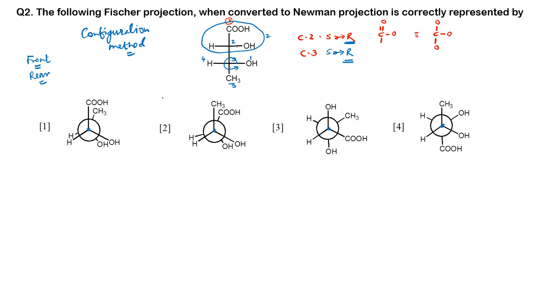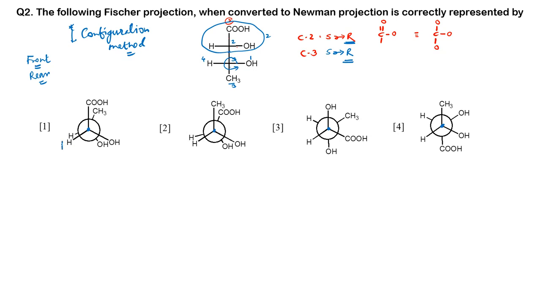For that reason, as I discussed, the configuration method will always be more appropriate and accurate. We do not mind which is the front and the rear, as we are following the configuration method. We do not worry about which is the front and which is the rear because we are giving the numbering. That is the only thing I wanted to highlight. So we'll go with the direct understanding of how we can convert it.